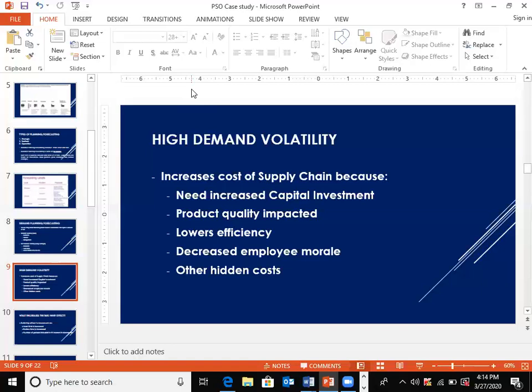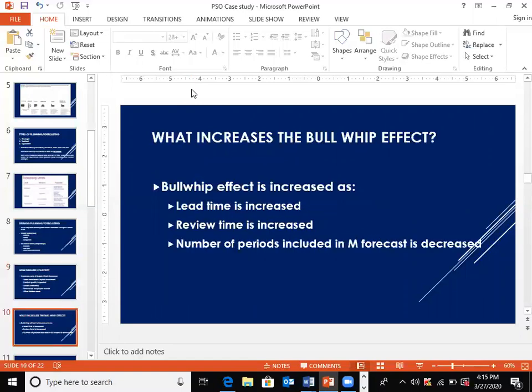There's also the bullwhip effect, many times decreasing employee morale. Sometimes employees are just sitting idle when there's no demand or low demand, and other times they're being pushed to the limit. This can have a very negative effect on employee morale, and this is connected to the lower efficiency as well. There may be other hidden costs as a result of demand volatility.